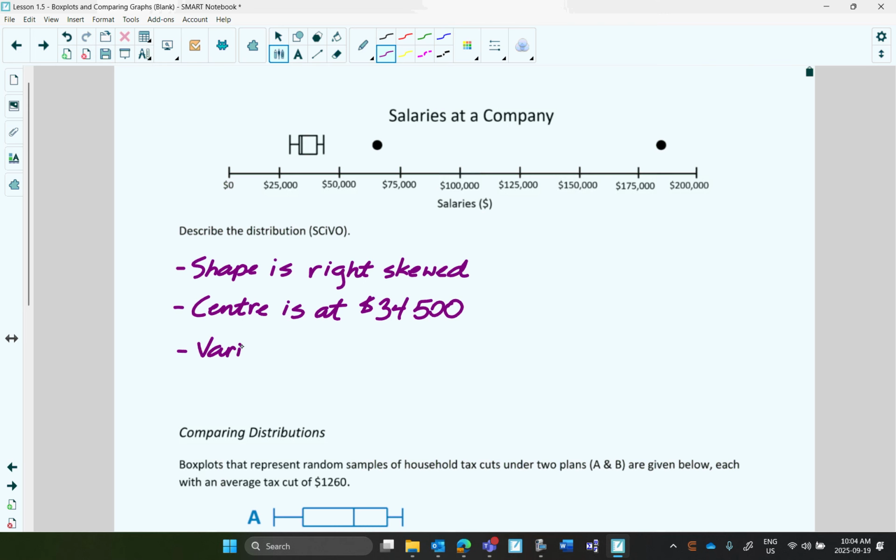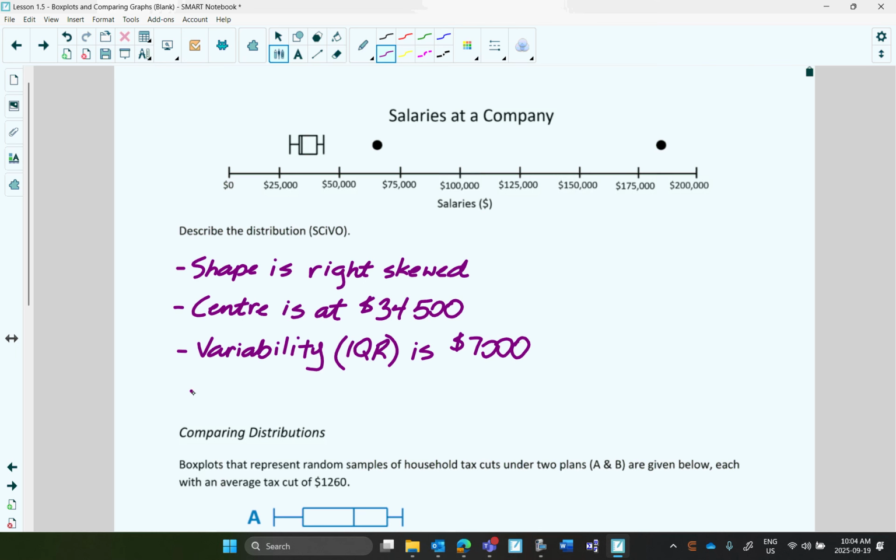Variability. In this case, IQR is, what was it? 7,000. And outliers?